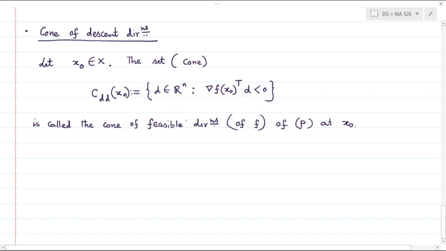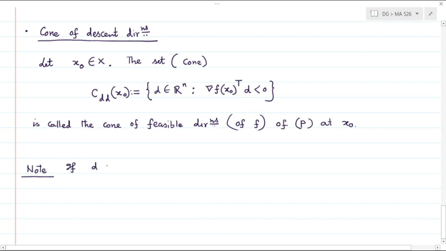Fine. Now we are slowly moving towards identifying a geometric necessary optimality condition. At least the first geometric necessary optimality condition can be derived with the idea of these three cones: the cone of descent directions, the cone of feasible directions, and the linearizing cone. Before that, let me mention a very important fact.